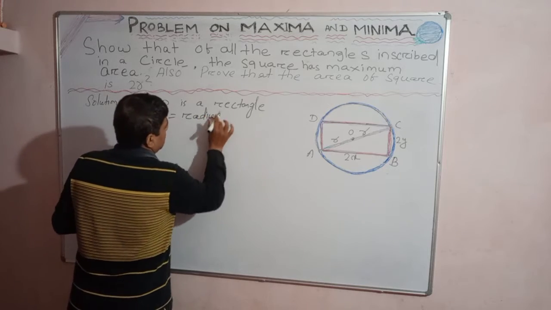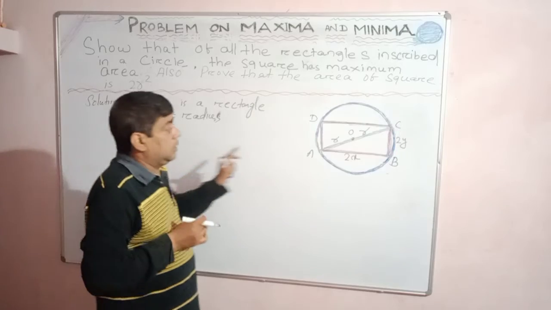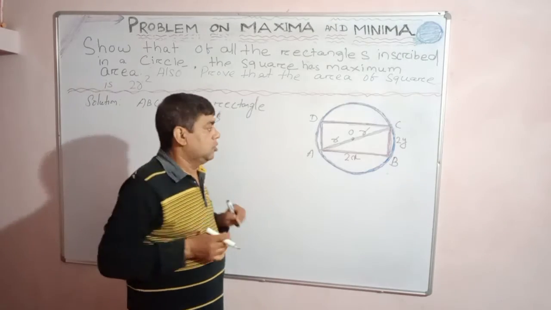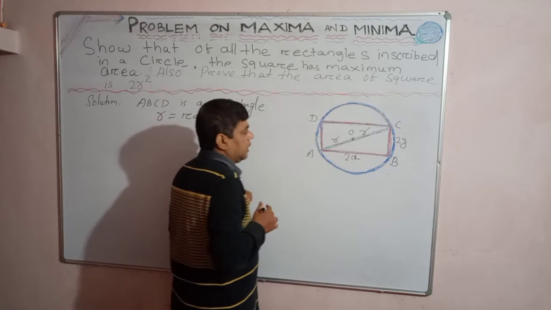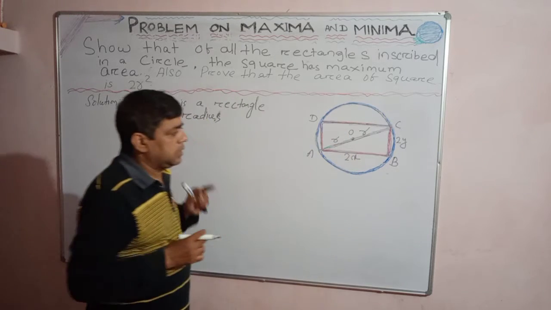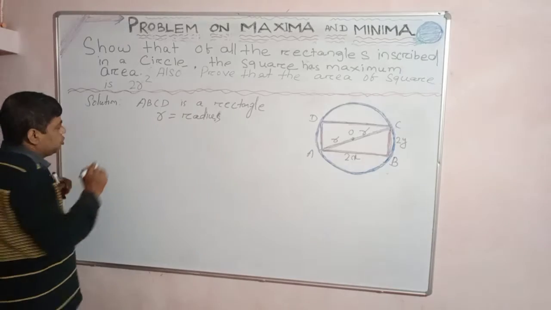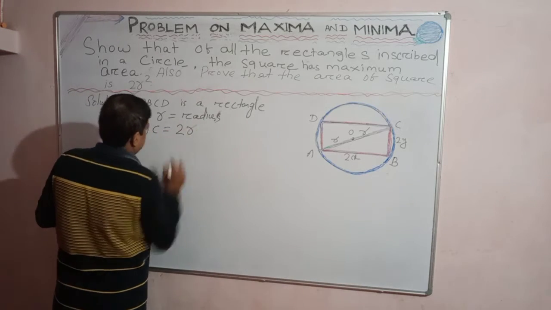And you know the diagonal of the rectangle always lies on the diameter of the circle. So AC is the diagonal of the rectangle, and AC is the diameter of the circle. So diameter AC is equal to twice the radius.